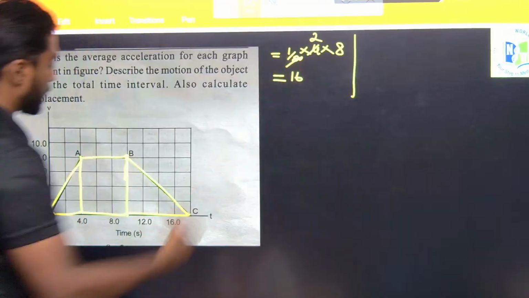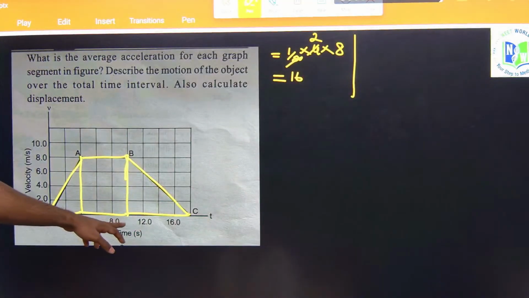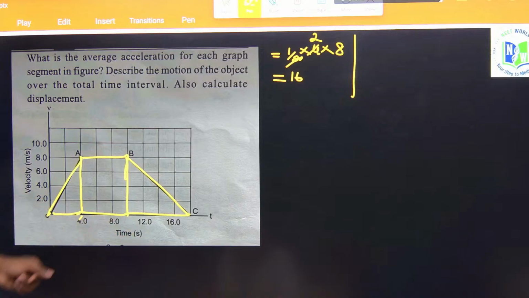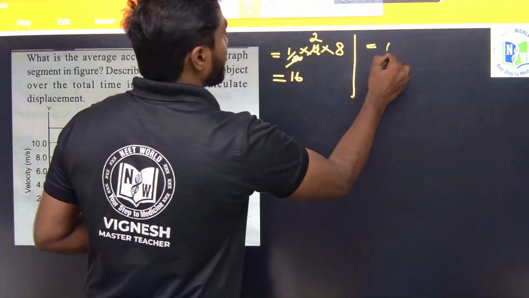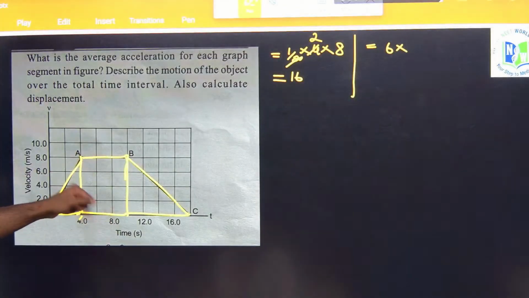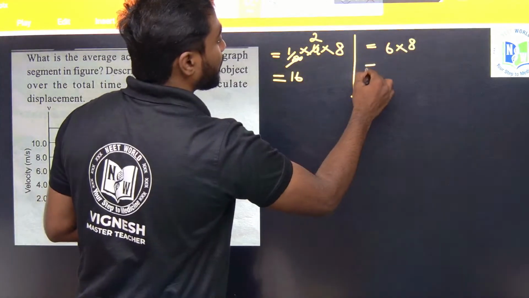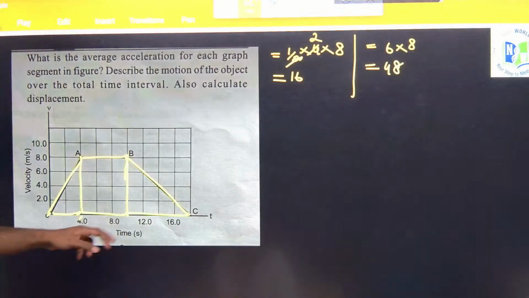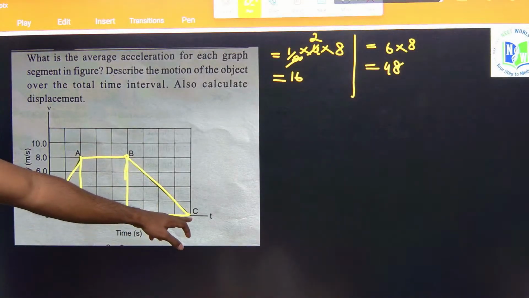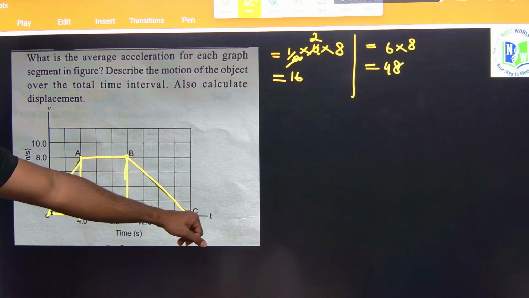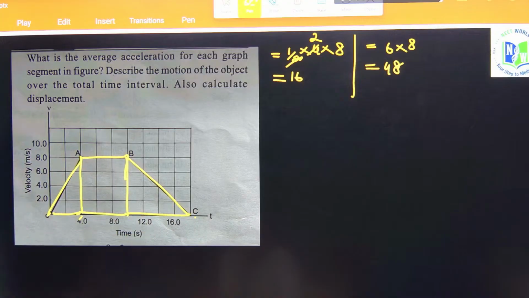And the second one, how much is it? It is 4, 6, 8, 10, no? So 10 minus 4 is 6, and height is again 8. 8 sixes are 48. And the last one is 14, 16, 18. 18 minus 8 is 10.